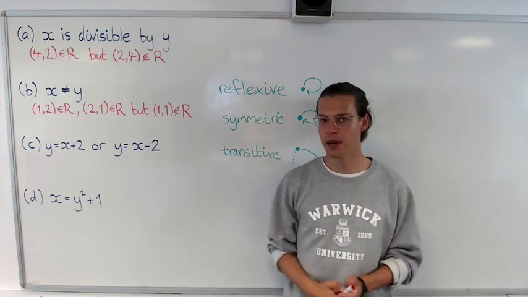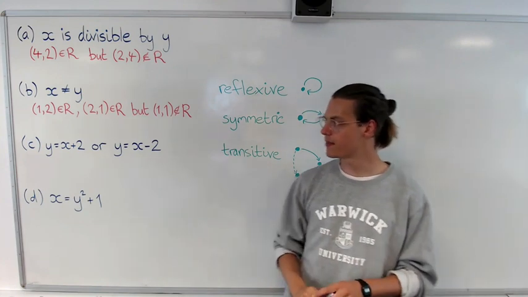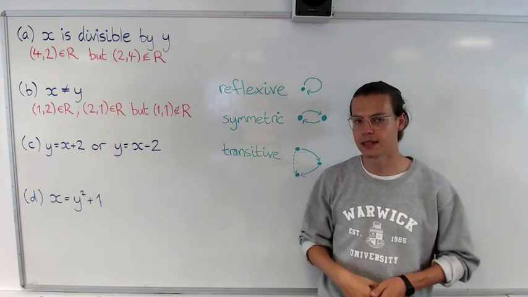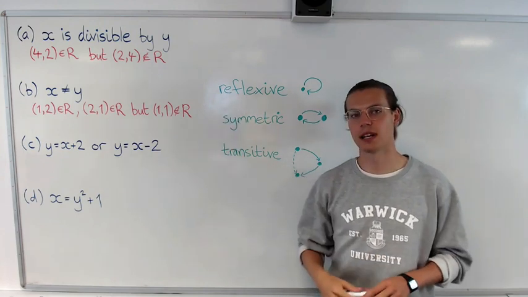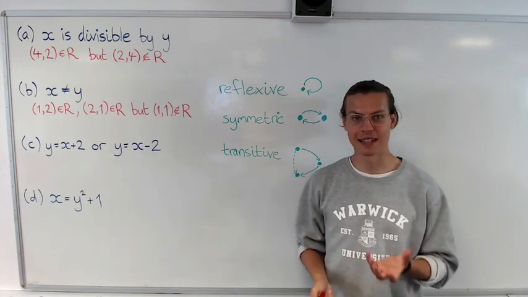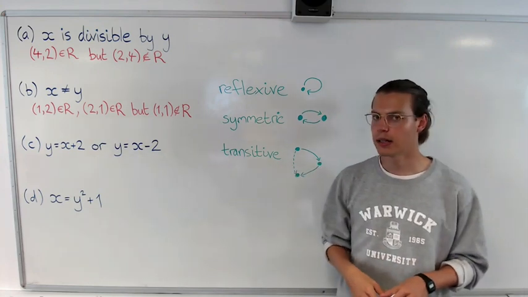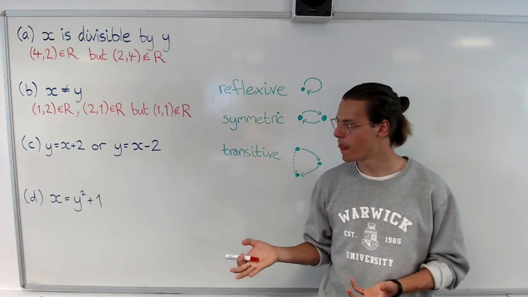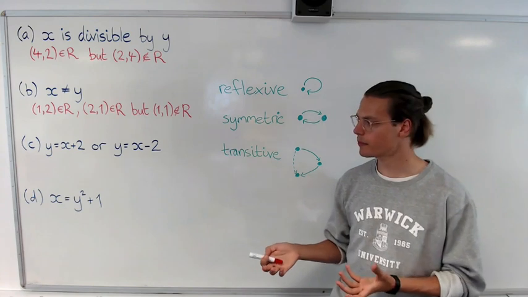Okay, let's look at the third relation, in which x is related to y if and only if y is either 2 more than x or 2 less than x. Now clearly this is not a reflexive relation, since no number is 2 more or 2 less than itself. So this is not reflexive. Is it symmetric? Well, if x is related to y, then y is either 2 more or 2 less than x.